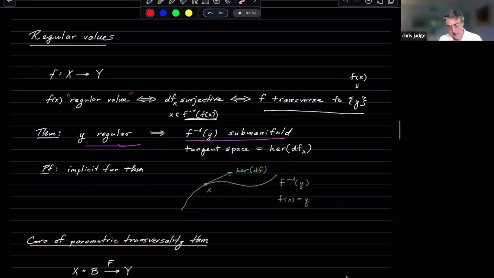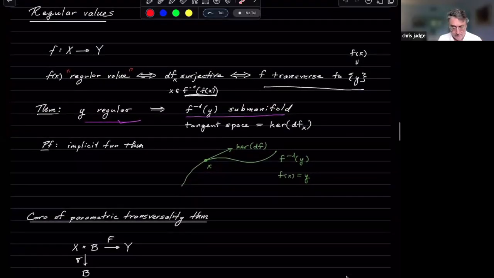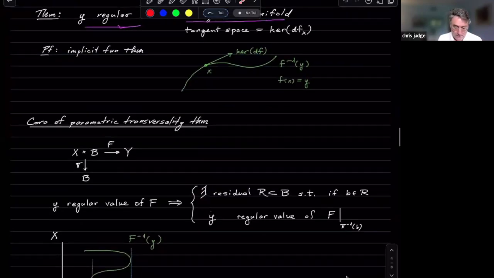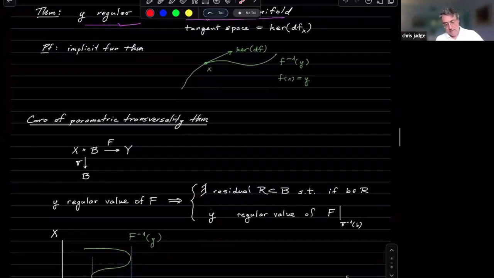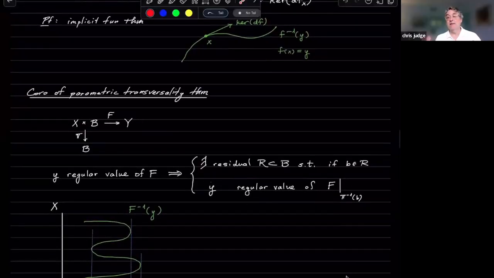So that's the implicit function theorem. The notion of regular value goes hand in hand with the implicit function theorem. Okay, so now for this special case, let's look at the corollary of the parametric transversality theorem in this particular case where Z, that submanifold, is just a point y.